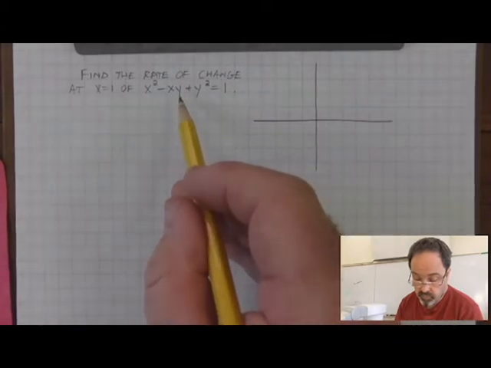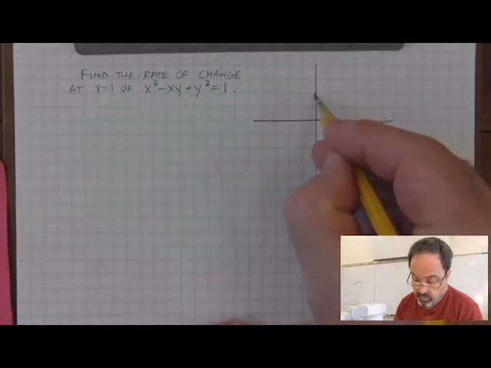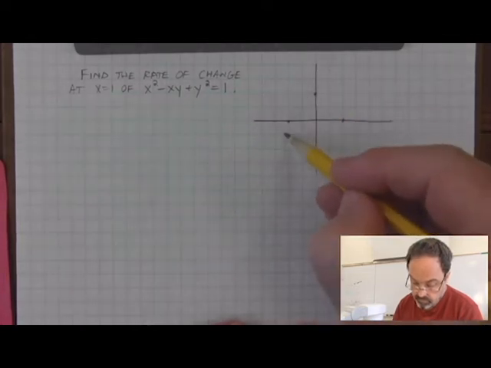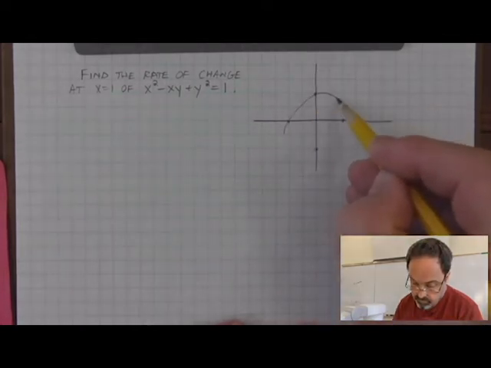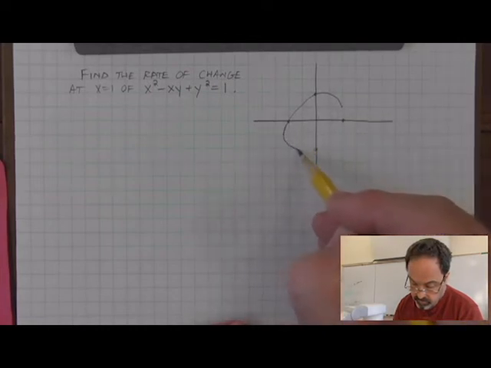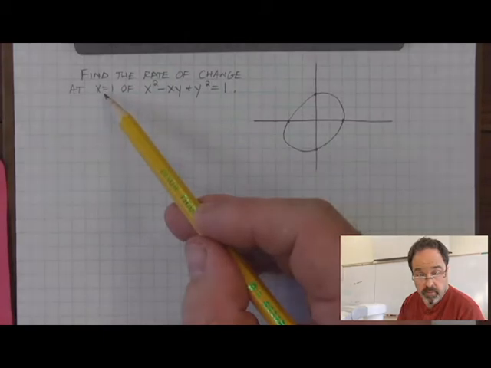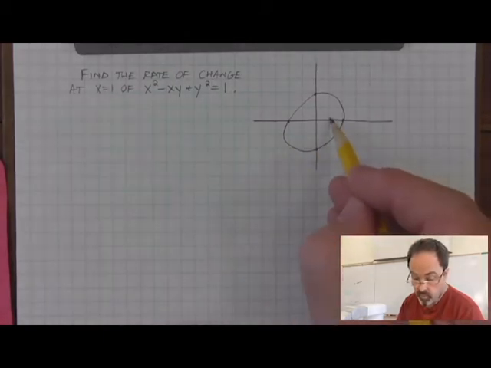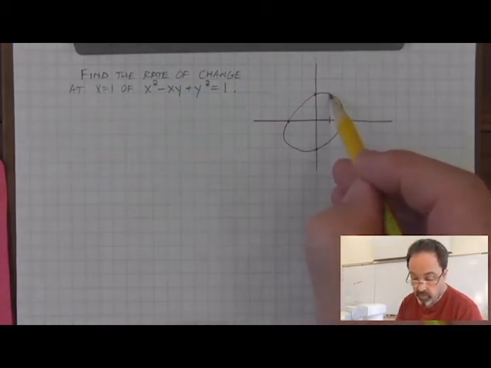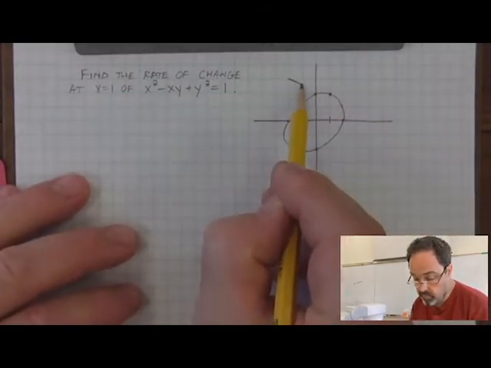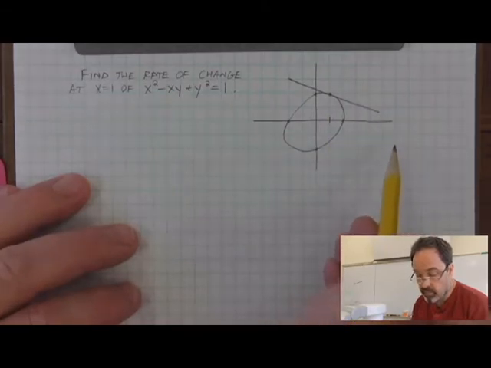We could use software to graph this equation, and if we did, it would look approximately like this. So if we're going to find the rate of change at x equals 1, then we could think we're trying to find the slopes of a tangent line to this ellipse at 1.